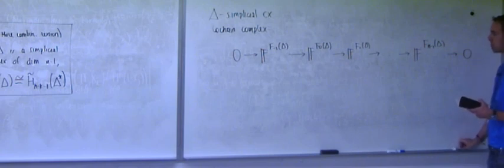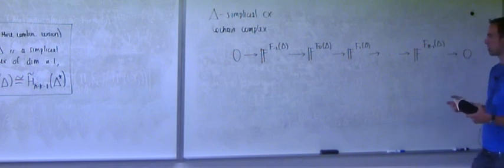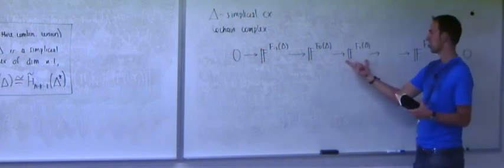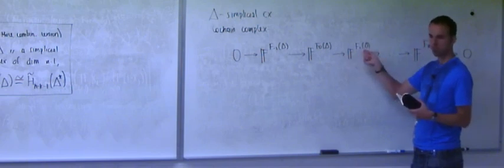So it looks like this, where you already know what each one of these things is. This is a vector space with a basis given by the faces of delta of that dimension.